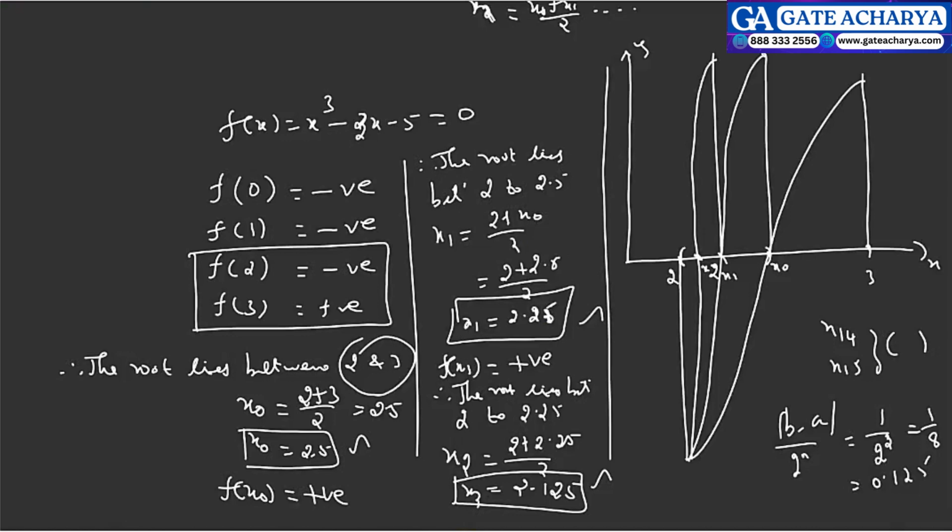So that is the interval. Using that interval, we apply the bisection method. Bisection method means bisect the interval, that is (a plus b) by 2. Then you find the point. Next, we check whether the function value at the point is positive or negative. Then we take the nearest opposite-sign function value and apply the process again. That is the method to find the solution of the equation by the bisection method.